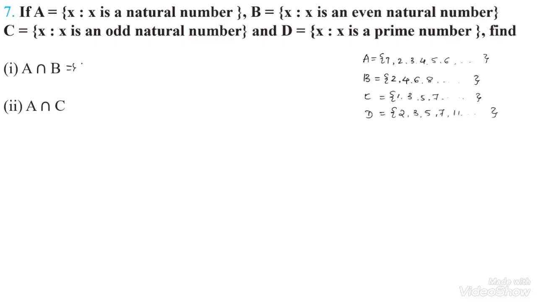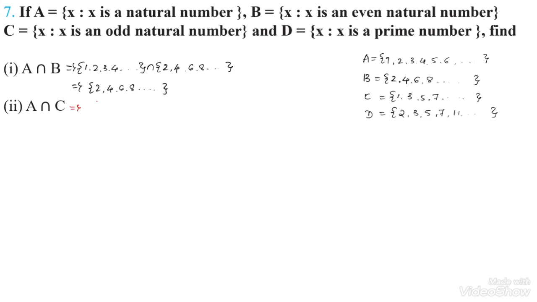A intersection B. A means we have already taken the set of natural numbers, 1, 2, 3, 4 and so on, intersection set B, even natural numbers, that is 2, 4, 6, 8 and so on. The common elements between these two sets are 2, 4, 6, 8 and so on. This is the result of the given question.